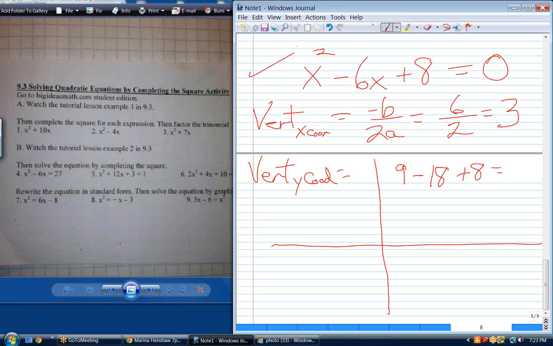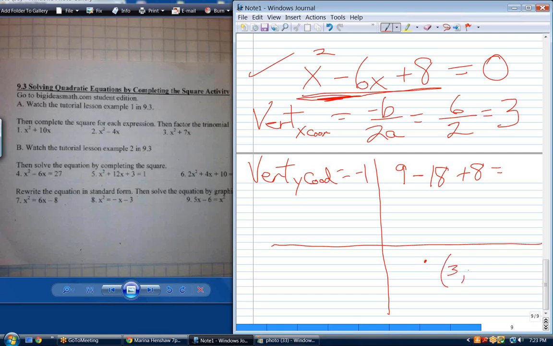We were given just this function here, and it's hard to explain, but I'll point it out as soon as we do it. So what is 9 minus 18 plus 8? Negative 1. Okay, so that's the y coordinate of the vertex. So the x coordinate is 3, the y coordinate is negative 1.